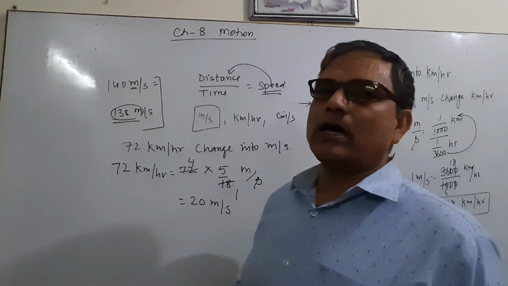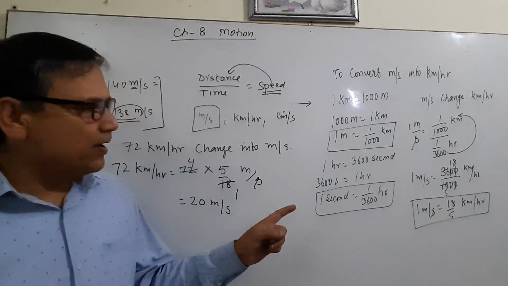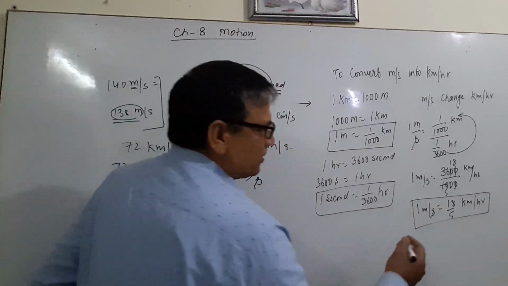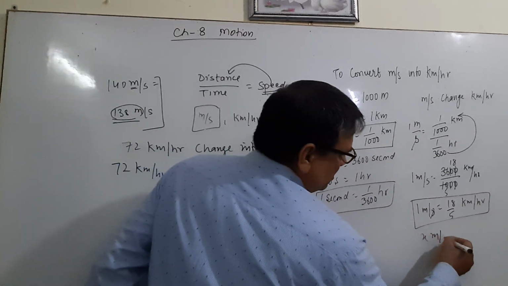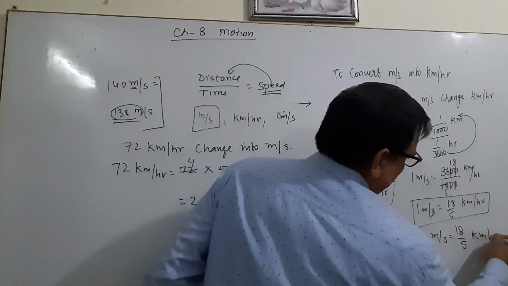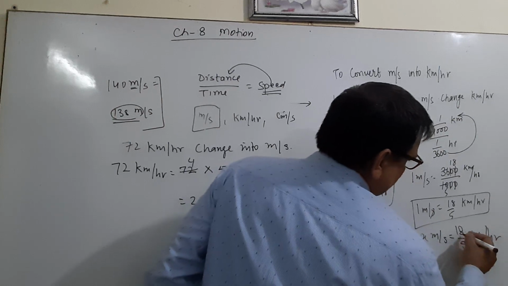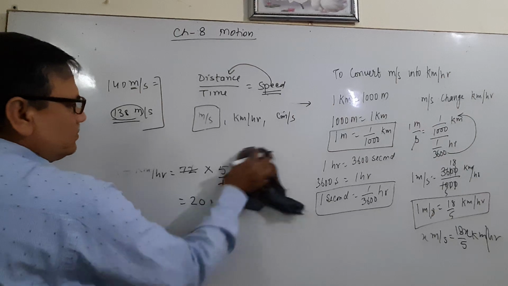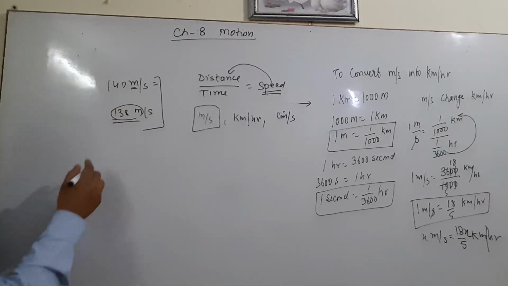It means we have to multiply by 18 upon 5 to convert 1 meter per second. So that means x meter per second is equal to 18 upon 5 x kilometer per hour.